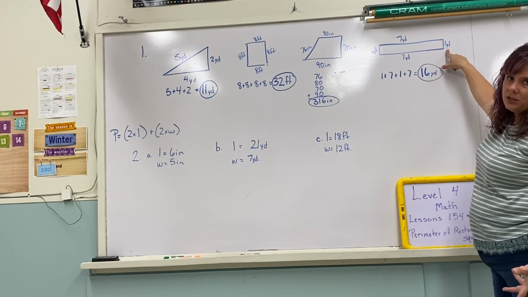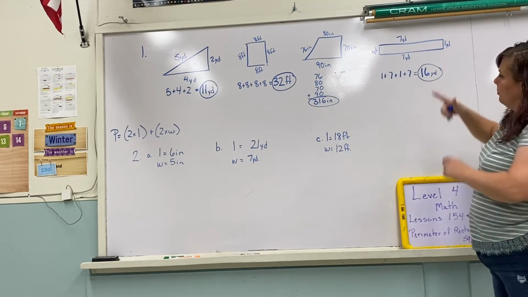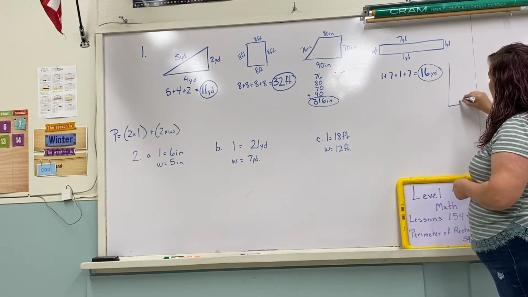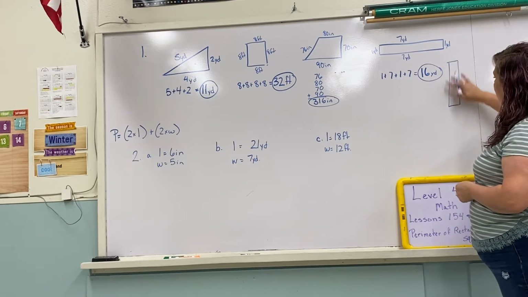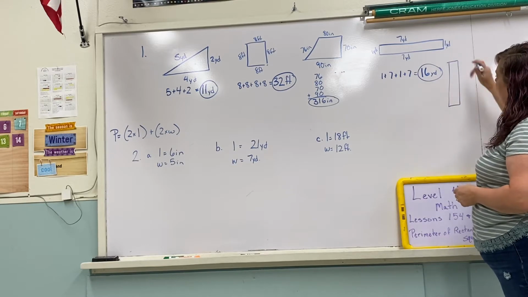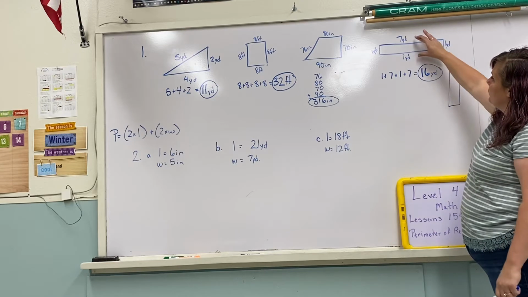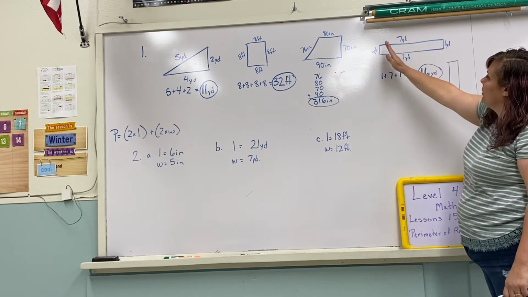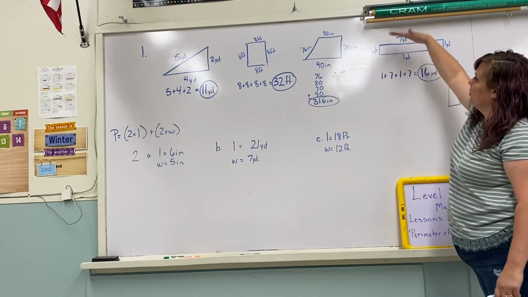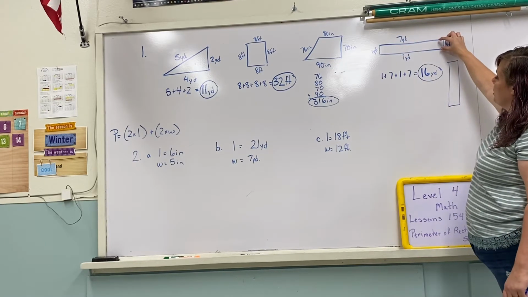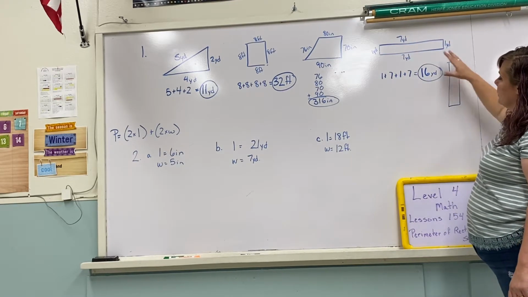Now, the width isn't always shorter than the length. Sometimes, you could have a rectangle that goes like this, and then the width is bigger than the length. The important thing with a rectangle to know is that length runs this way, width runs this way, how thick it is. This one is skinnier, this one is thicker, okay?